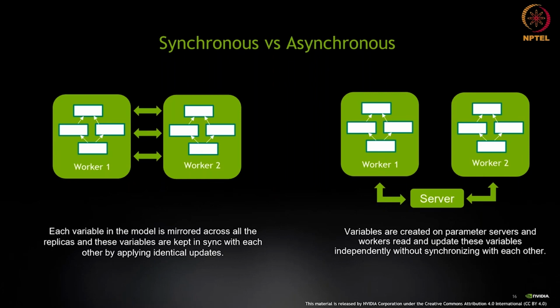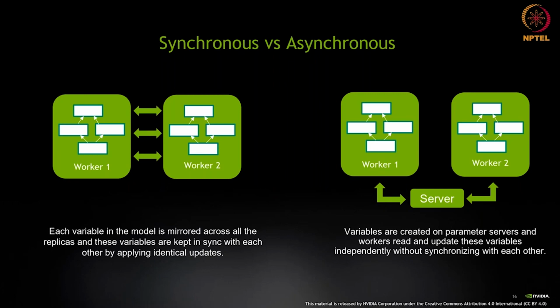Who are the clients in this particular case? The clients are the workers or the GPUs themselves. The workers obtain the variables from the parameter server and store the results back after processing. The parameter server would apply those updates and update the variables. This allows the workers to work independently.